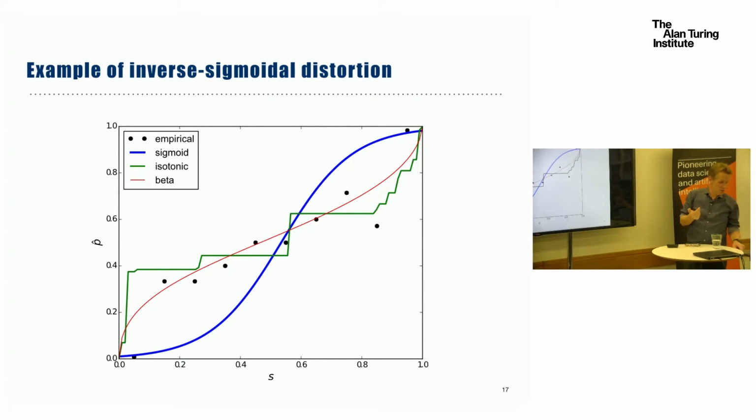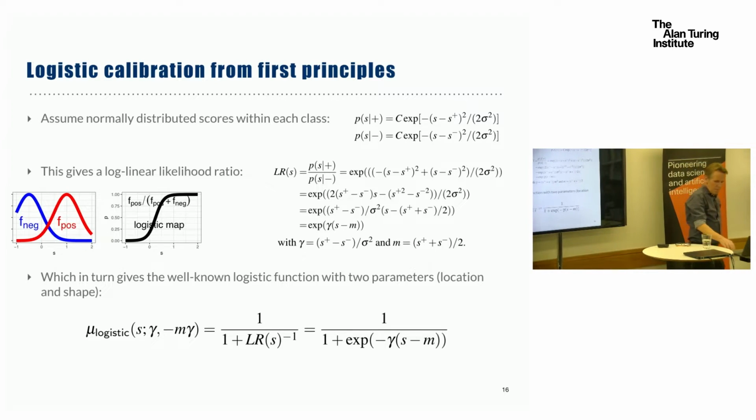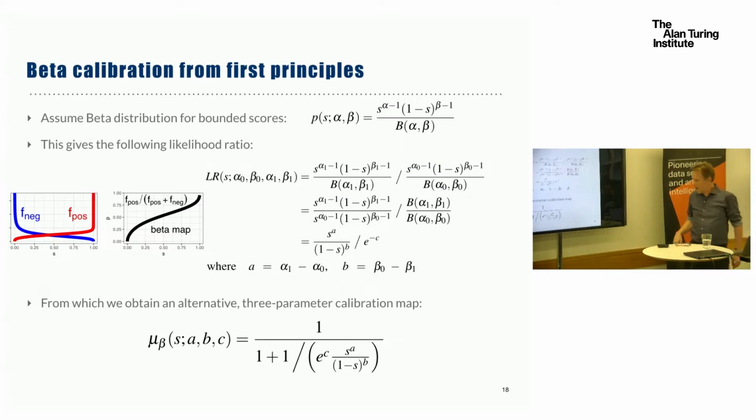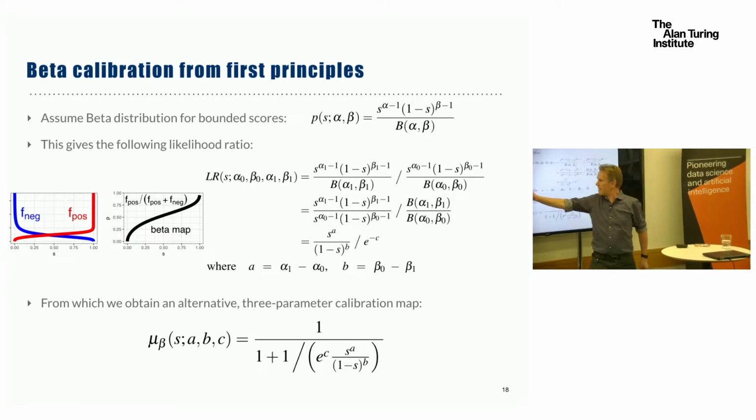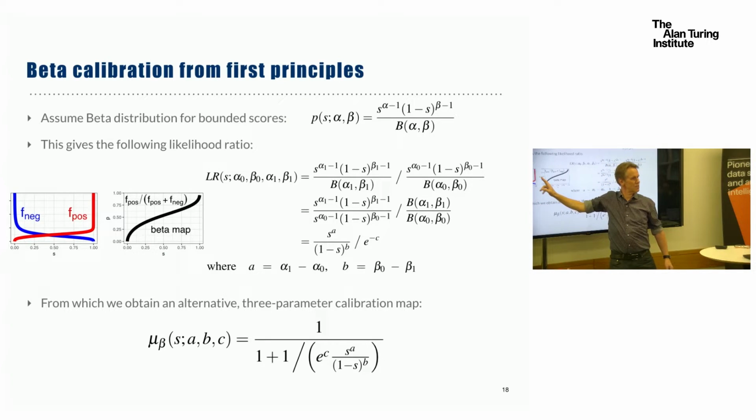So let's give you the one slide description of our solution. It's very similar to this one, the logistic one, except that we're going to change the family of distributions here to beta distributions. Okay? So here's an example of beta distribution where clearly the classifier gives very extreme scores, very low scores for the negative class, very high scores for the positive class.